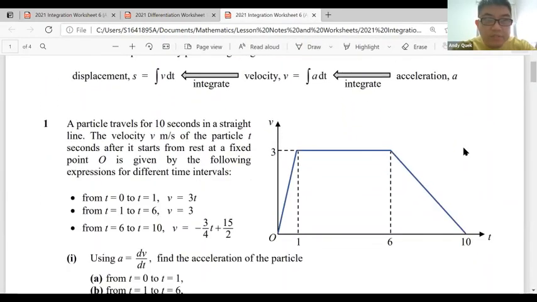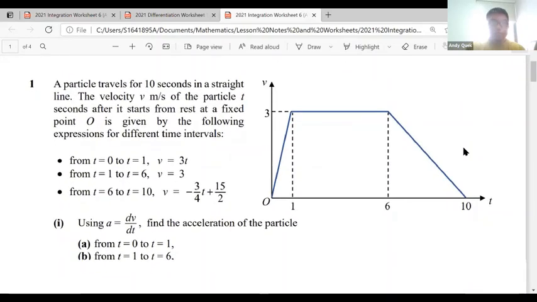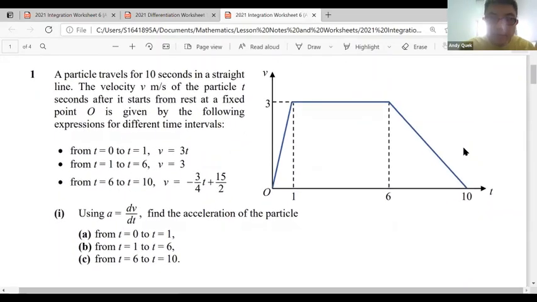So in the first question, this looks very much like an EMAF question, right? Under the topic of graphs of functions. There are 3 distinct parts to the motion of this particle in a straight line, and this is a velocity-time graph.